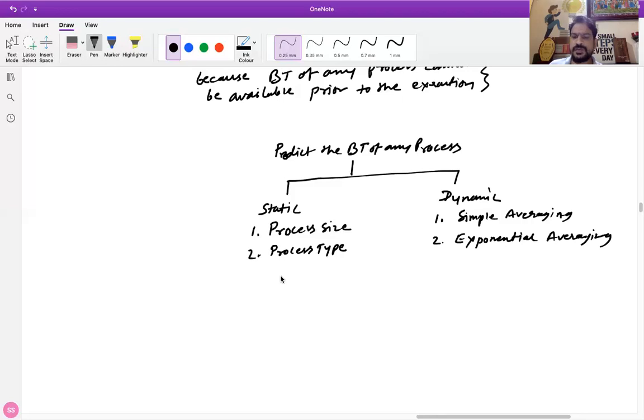Okay, so we have two methods here in dynamic and two methods here in static. Let's talk about them one by one.